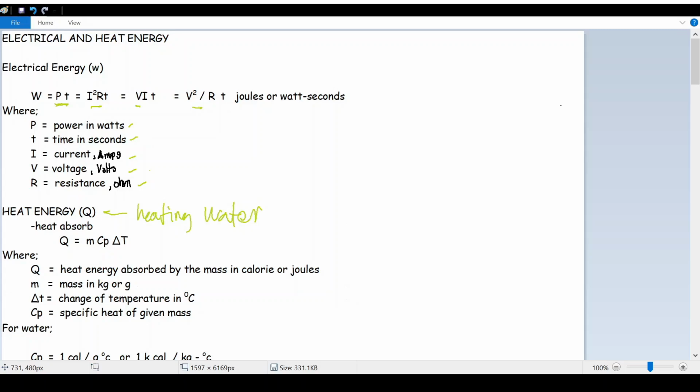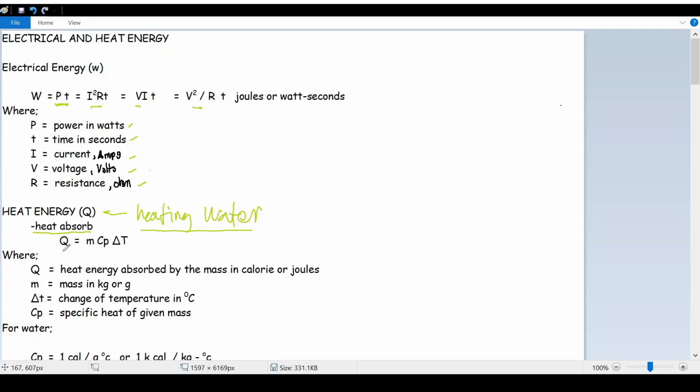So the topic of heat energy is very particular on heating of water. That is why the Q here is the heat absorbed of water itself.